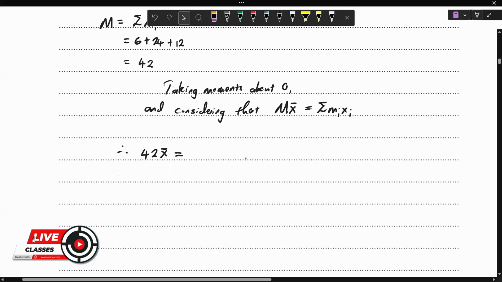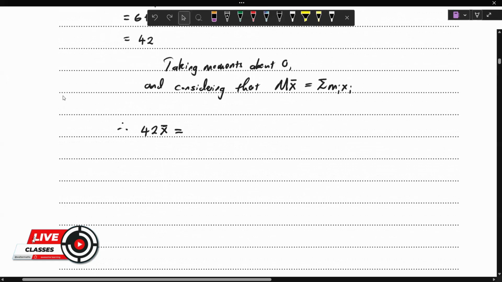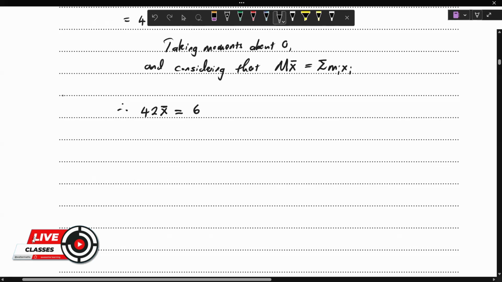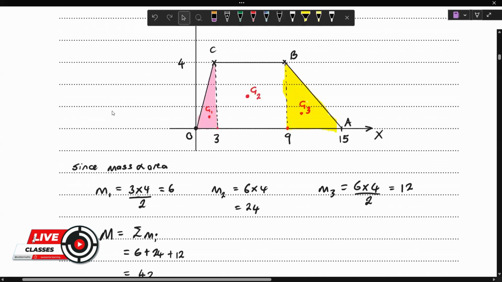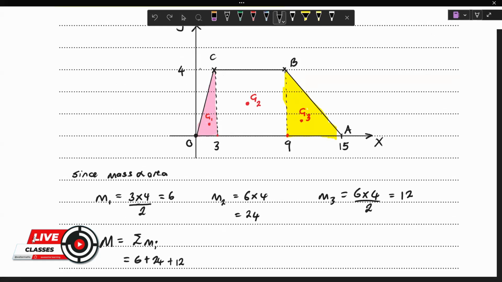Let's start with M1. So M1 is 6 times the x coordinate of the center of mass of the first triangle, this triangle with the center of mass G1, which is at an x value that is 2 units from O. Remember, the x coordinate of the center of mass should be a third of the way from this point going to the left, in this direction.